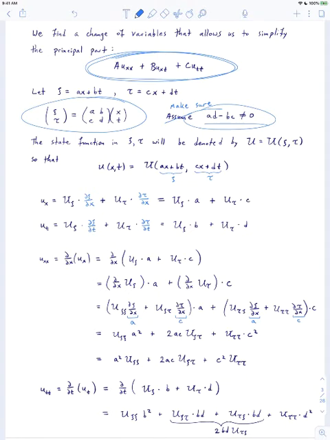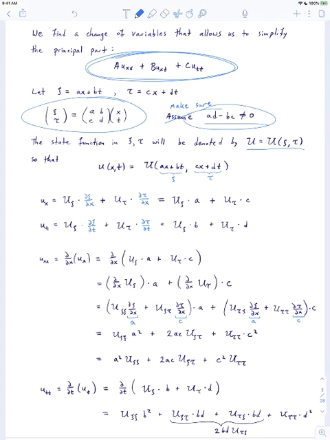So the state function in these new coordinates, xi, tau, will be denoted by capital U. We did this before in a previous section. So we start with u in the coordinates x, t, and we transform the state into a new function. It's really the same function, it's just expressed in terms of the new coordinates.